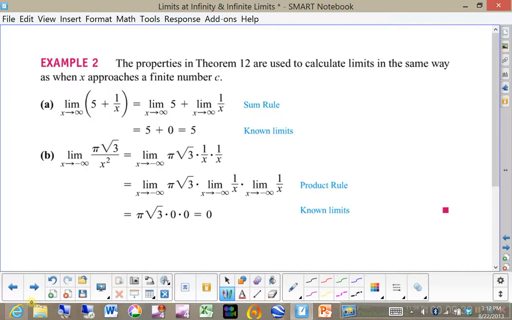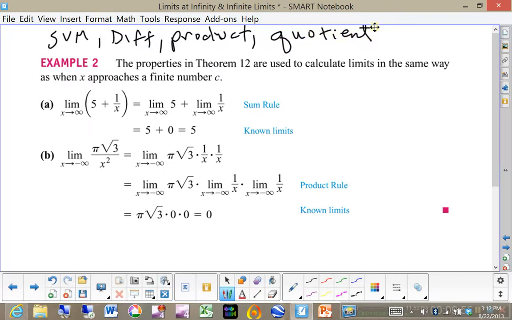Now, you will recall that if you have the sum, the difference, the product, or the quotient of several functions, the limit of the sum, difference, product, or quotient of several functions happens to be simply the sum, difference, product, or quotient of the individual limits.